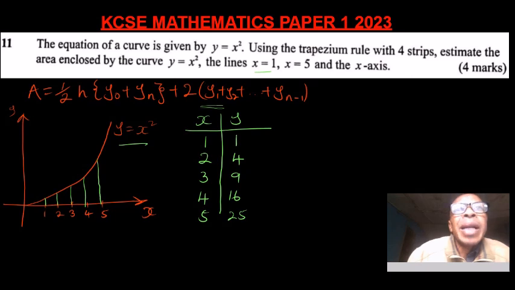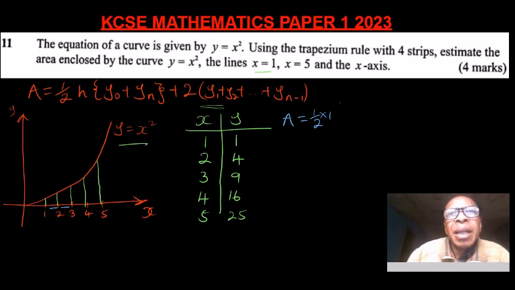Now we can apply our formula and say area is equal to a half. What is the height of our strips? It is 1, from here to here is 1. So we multiply by 1, which will not make any difference. We put the bracket. The first one, when x is 1, y is 1, so we put 1.